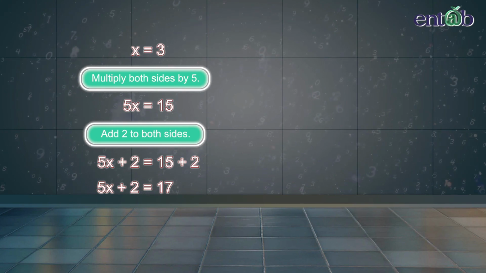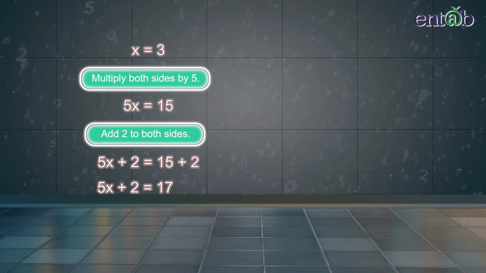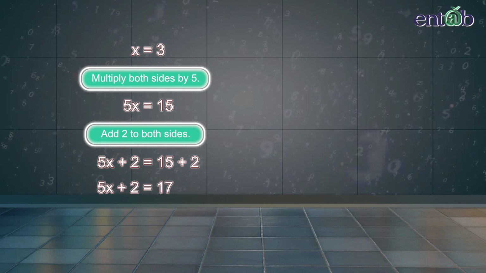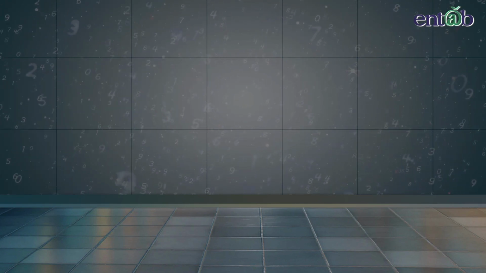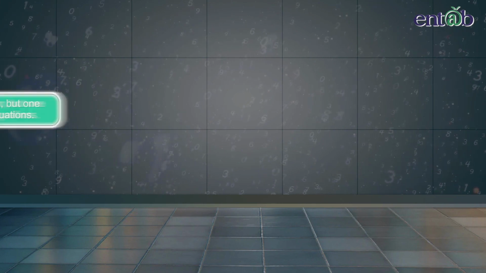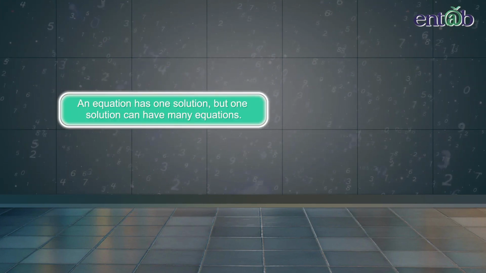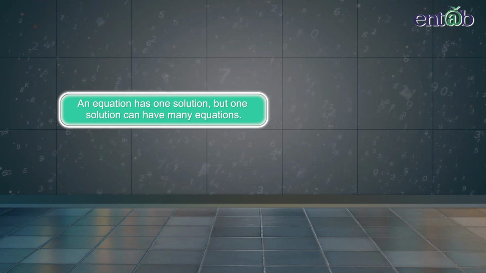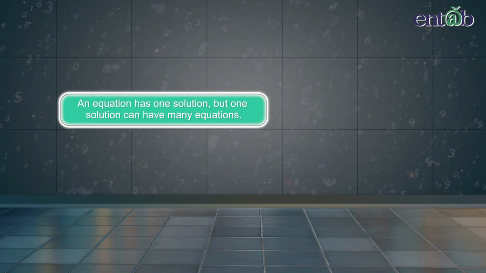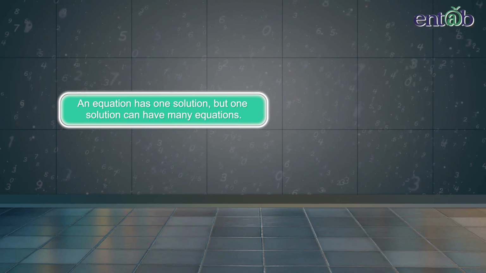That is, instead of solving an equation, we are forming an equation from the solution. So, we can say that given an equation, we can get one solution. But given a solution, we can make many equations.